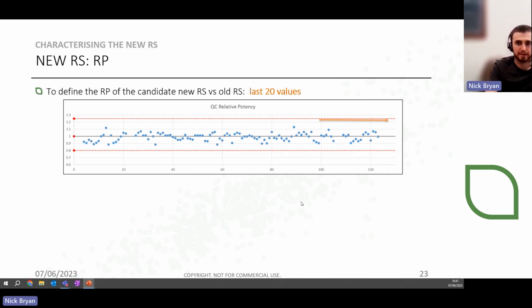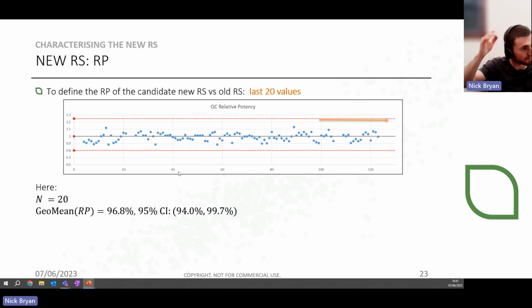If we were to only use 20 values for our head-to-head testing in our study design, and treat these last 20 values as our test samples and do our head-to-head comparison of our old reference standard and our new reference standard, then we would get an average of 96.8% and a slightly wider confidence interval based on these 20 values instead of the 114 that we had previously.